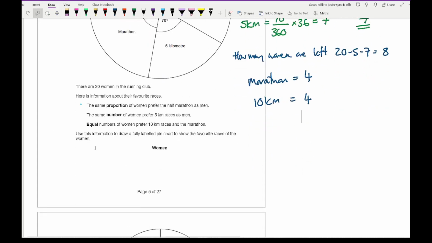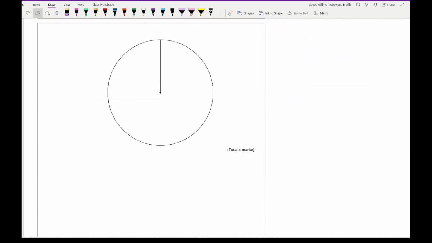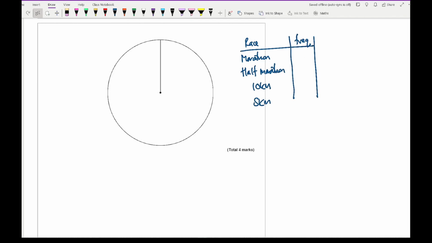So using those numbers, if I then look at the race, I've got the marathon, the half marathon, the 10k, and the 5k, and then I've got the frequency of those. So the marathon was 4, the 10k was 4, the half marathon was 5, and the 5k was 7.